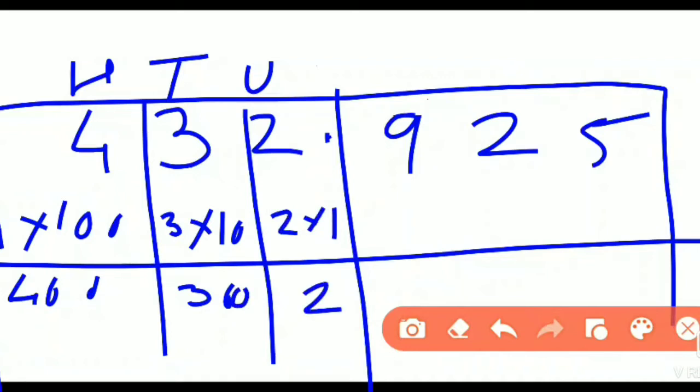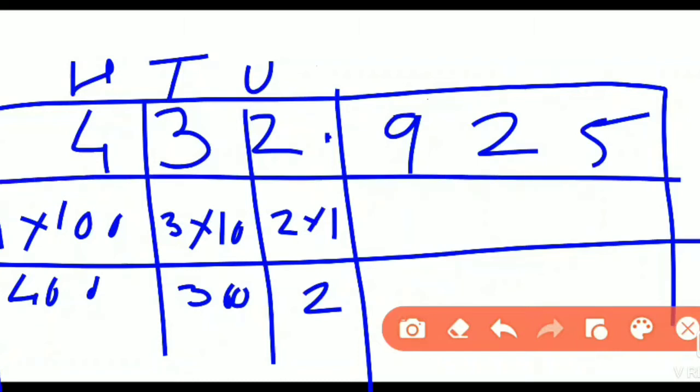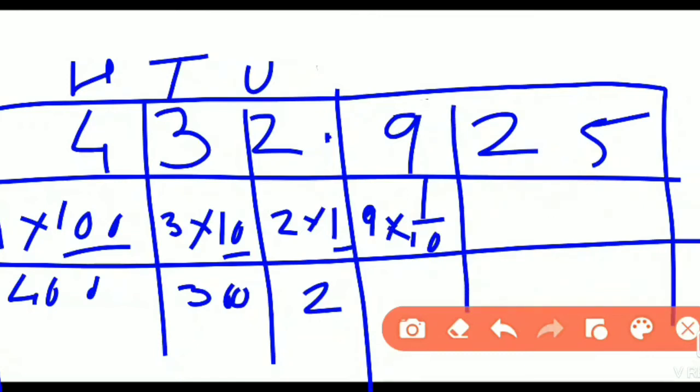Now if we go forward after the point, instead of multiplying by 100, 10 and 1, we have to divide. So 9 into 1 upon 10. This is the tenths place, as I told you.